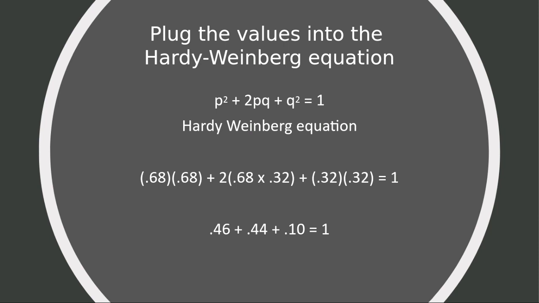To get that, we're going to have 0.68 times 0.32, so pq multiplied together and multiplied by 2 is going to be the value for heterozygous individuals. And then 0.32 multiplied by 0.32 will give us the value of our homozygous recessives, and that has to equal 1.